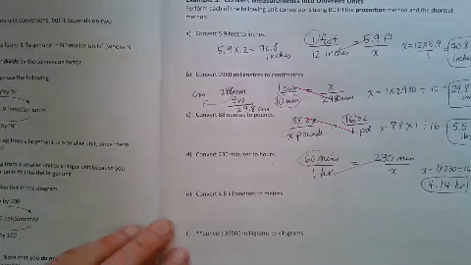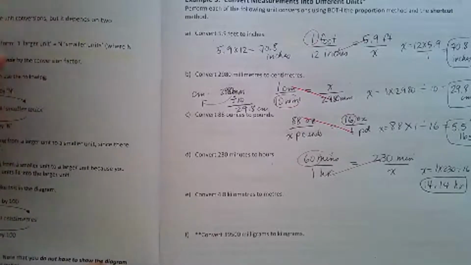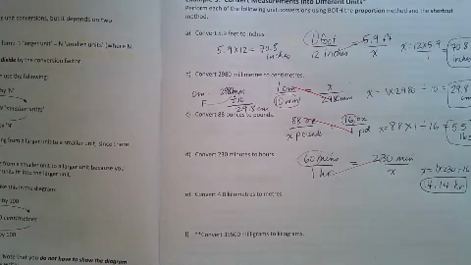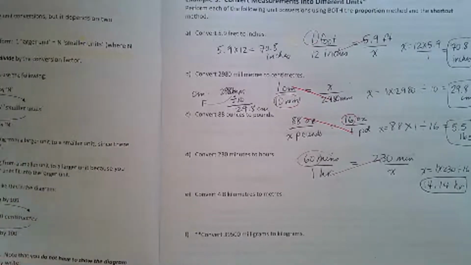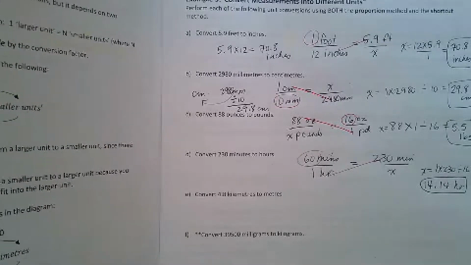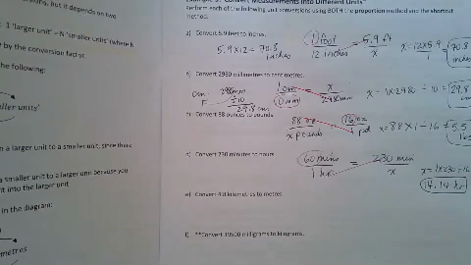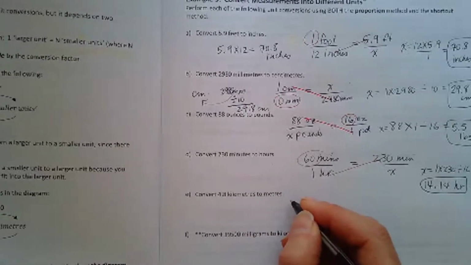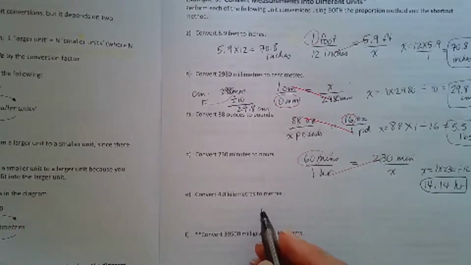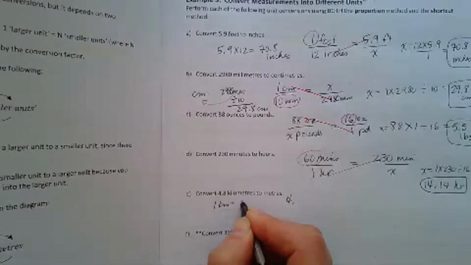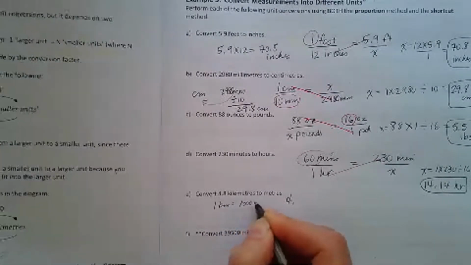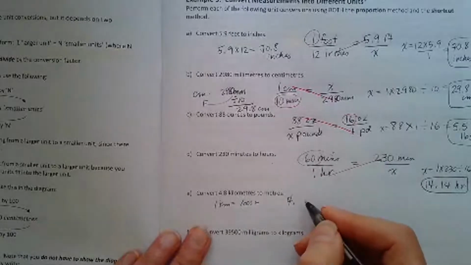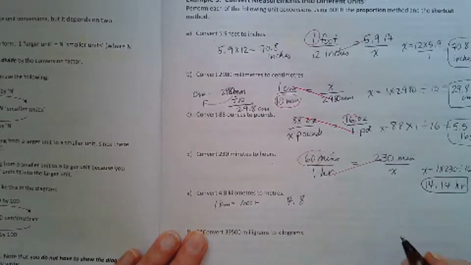All right, I'm going to do the next two the shortcut way. So I'm converting kilometers to meters. I'm just looking at my chart so I don't make any mistakes. 1 kilometer equals 1,000 meters. All right, so I've got 4.8 kilometers.